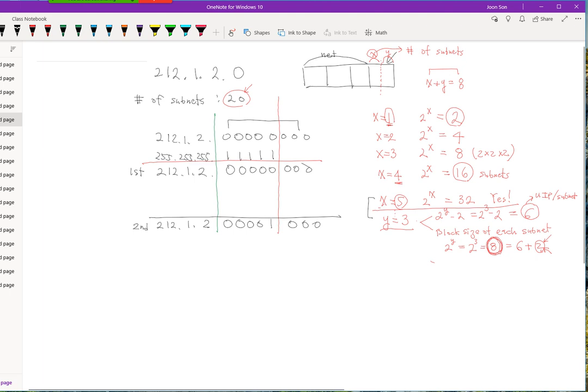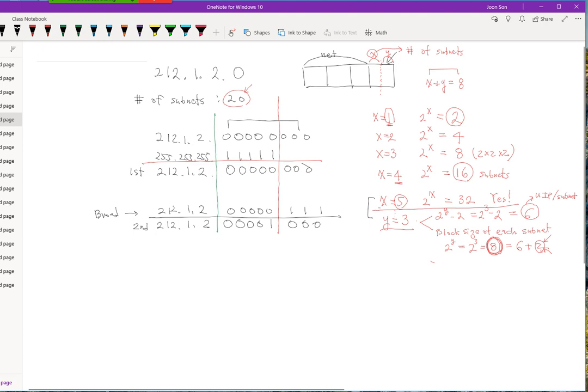By the way, the broadcast IP address of the first subnet is what? 212.1.2, and the broadcast address of the first subnet is 0, 0, 0, 0, 0 for the subnet portion and the host portion all being 1, 1, 1.